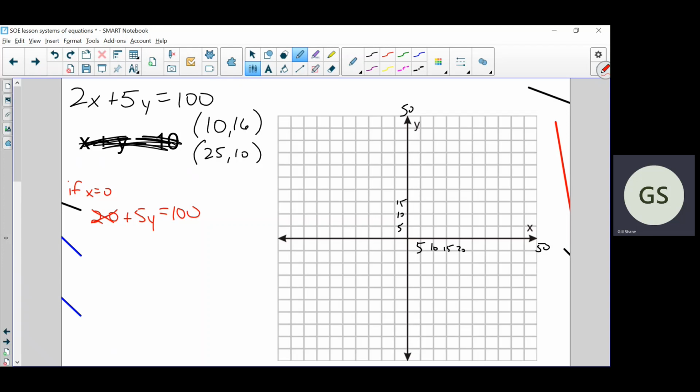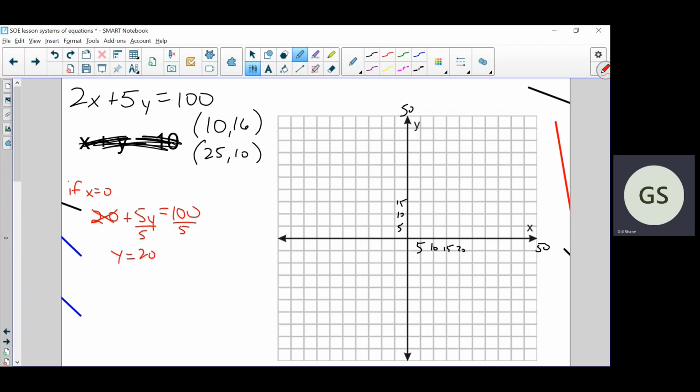If I have 5y equals 100, I've got to find out what number times 5 is 100. Probably you can guess it, but if you don't, the way you solve for it is to divide by 5 on both sides. Whatever's next to the variable, whatever you're multiplying, you do the opposite and divide by that number. So we get y is 20.